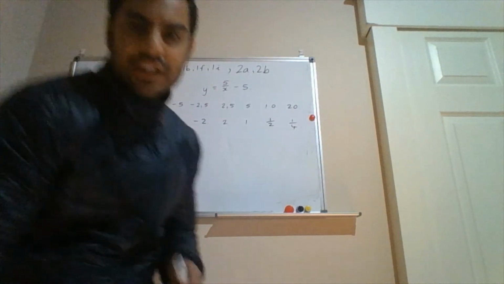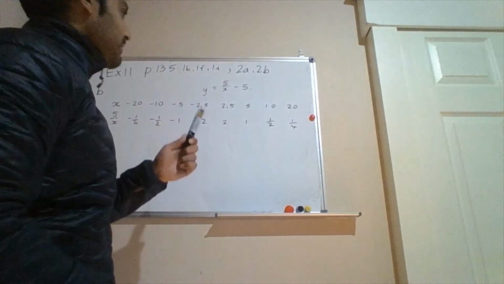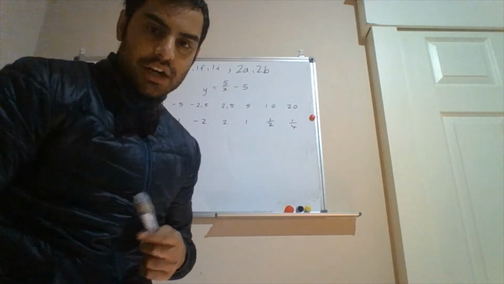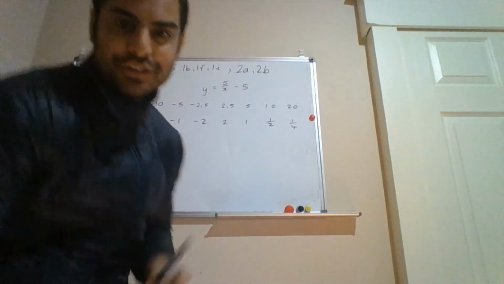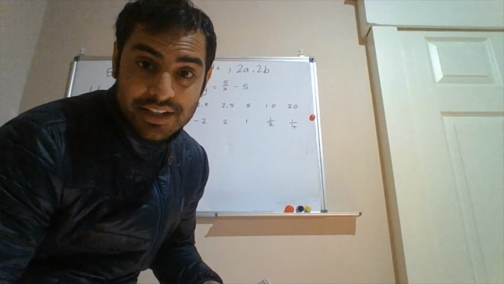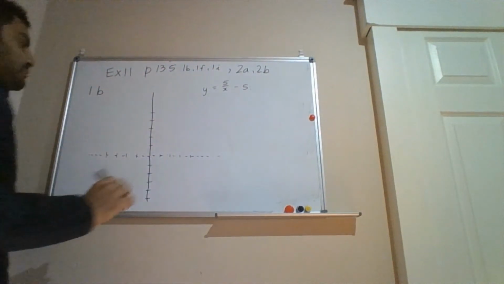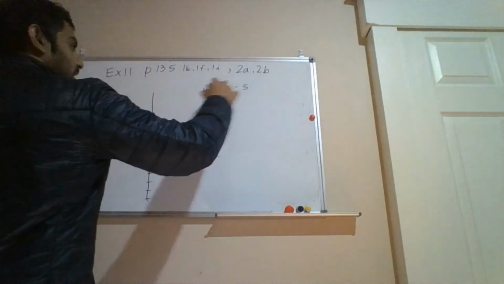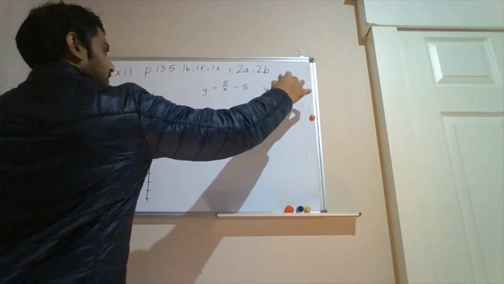Now, before we continue, I just want to take a picture of these points. I'm going to rub them out and then plot the graph, and that's because of space issues here on this small board. So I want to draw the picture quite big and clear. Okay, so remember we said we're going to plot the graph of y equals 5 over x.